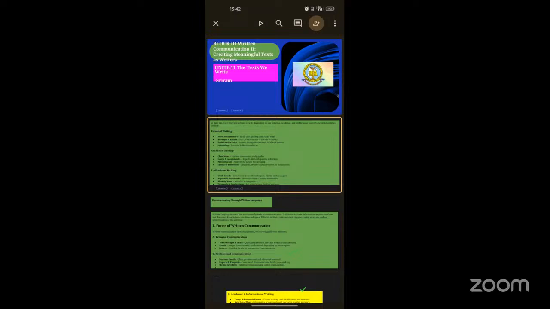In APA style, the surname Thomas will come first, then Mary, then the title of the book, and the year in which it was published. For MLA style and Chicago style, you just try to Google it, you will get to know. Or if you have time, then we'll talk about that.